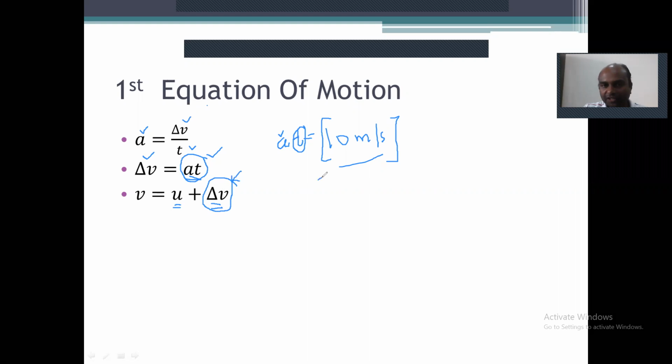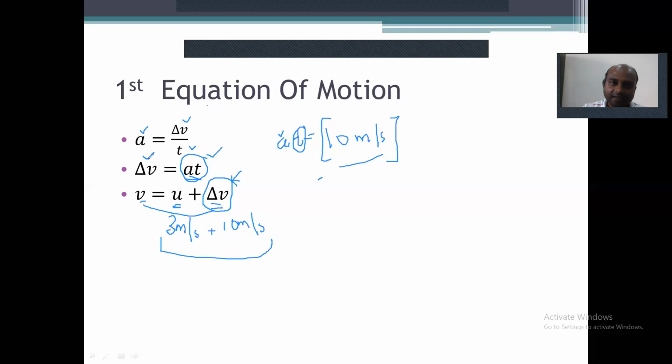So if I was moving initially with a speed of 3 meter per second, and my speed increased by 10 meter per second after a certain period of time, because I was accelerating for a certain duration, right? So my speed increased by 10 meter per second. So what will be my final speed? My final speed would be obviously the sum of these two, which is very obvious, right? So the final velocity is nothing but initial velocity plus whatever is the increase or decrease in speed.